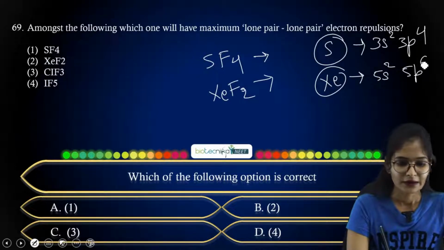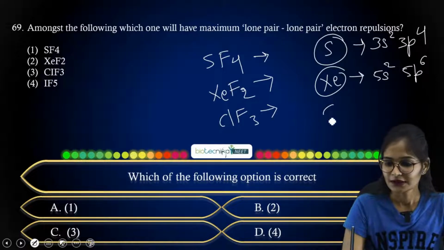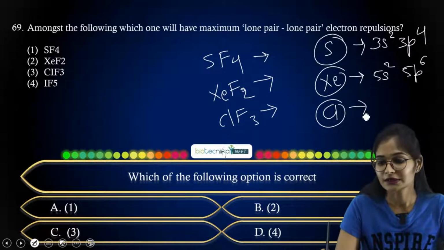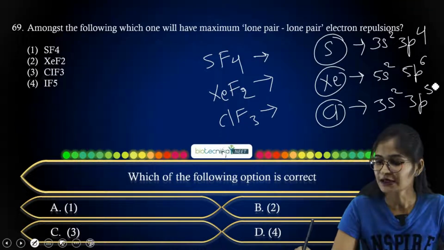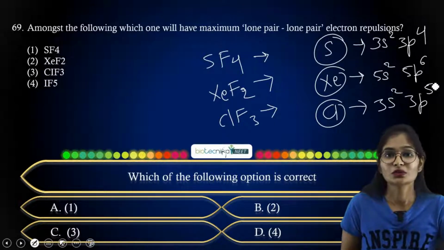Next is ClF3, where chlorine's valence electronic configuration is 3s2 3p5. Only one electron is left to satisfy its valence, so if it attains one electron, it attains the noble gas configuration.